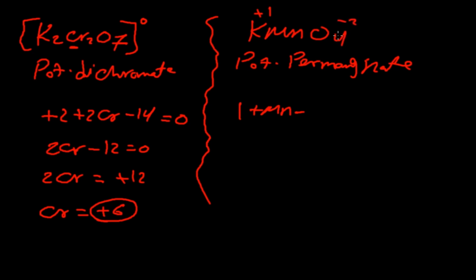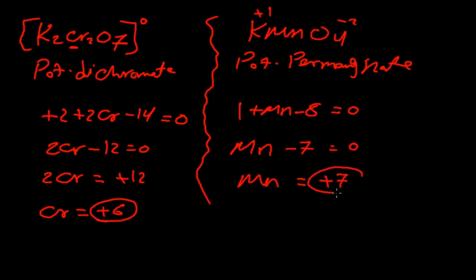Each oxygen atom, its oxidation state is equal to -2. -2 times 4, that means -8. That should be equal to 0. Then manganese minus 7 should equal 0. Then manganese should equal at the end positive 7.